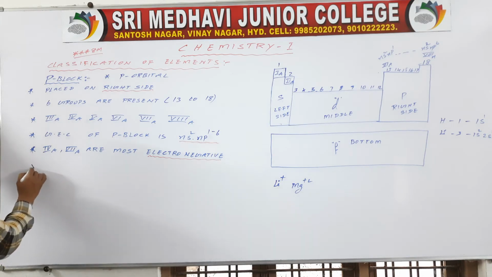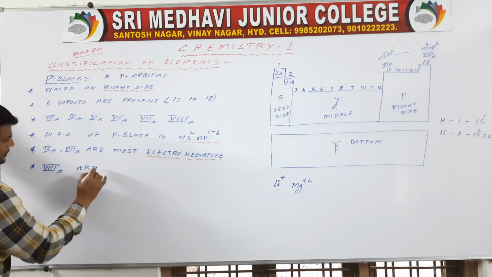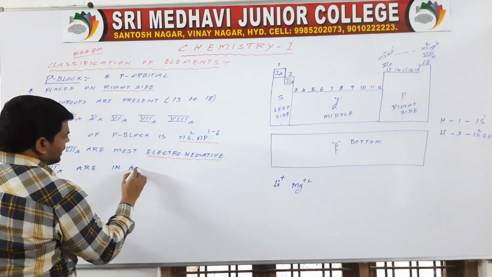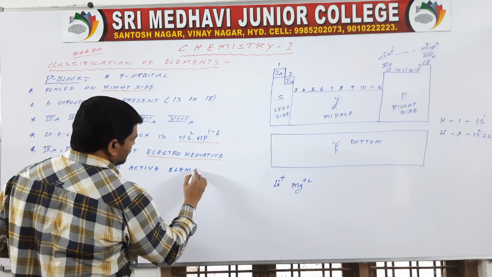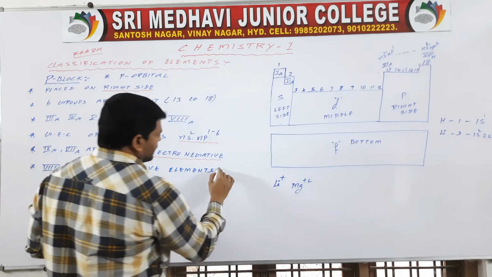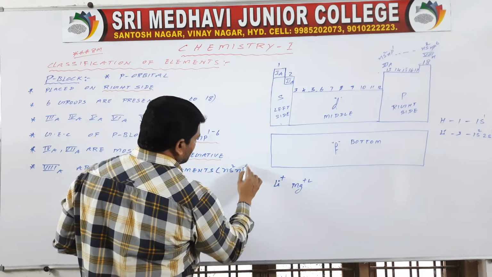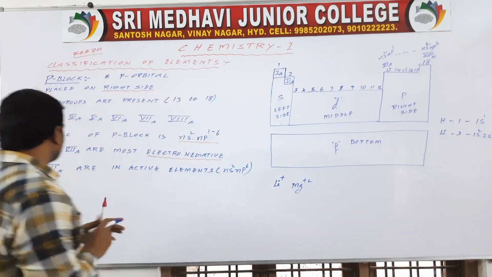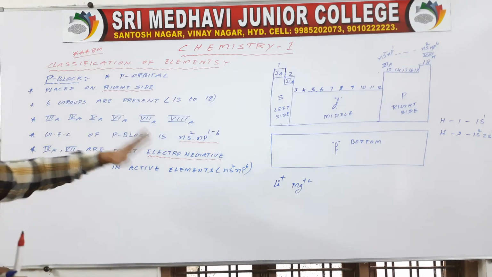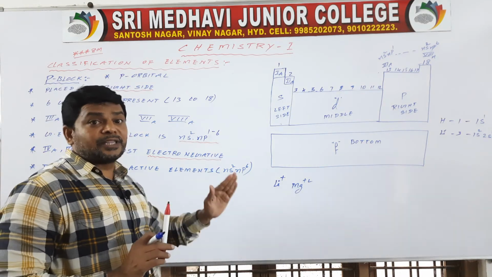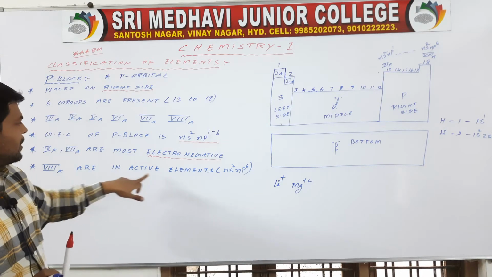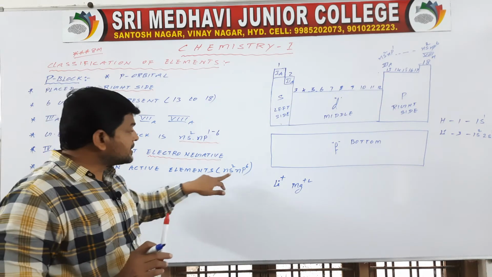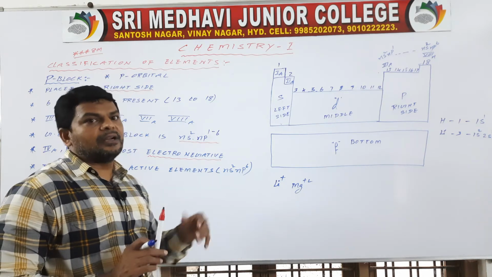Next, 8th A are inactive elements due to ns2 np6 electronic configuration. So the remaining, third A to 7th A group elements, are most reactive, but 8th A elements are inactive elements. Why? Because they have a stable ns2 np6 electronic configuration.